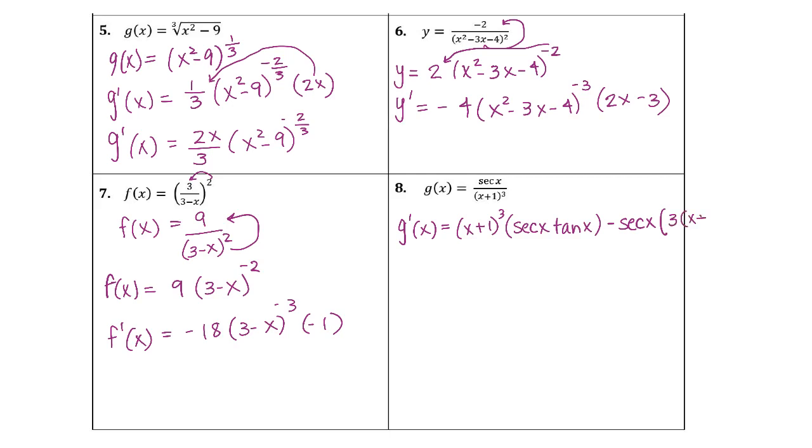That's going to be 3 times x plus 1 all raised to the second times the derivative of the inside. So we have all of that, and then every bit of this is over the bottom squared. And again, I would not do anything else to this because you would end up substituting in some kind of trig value.